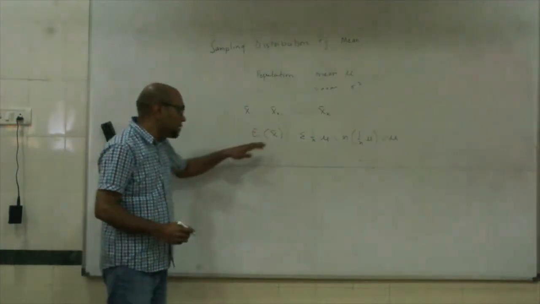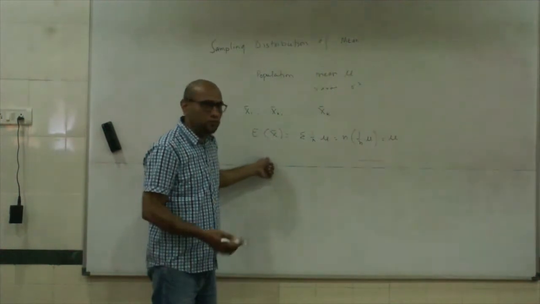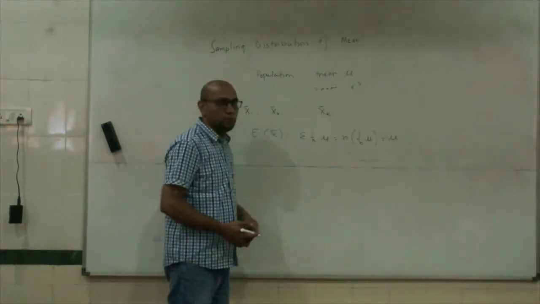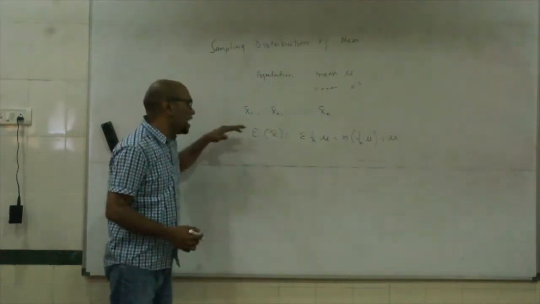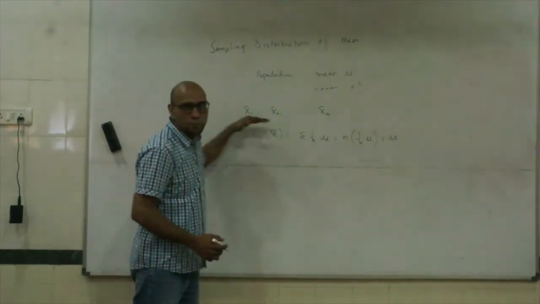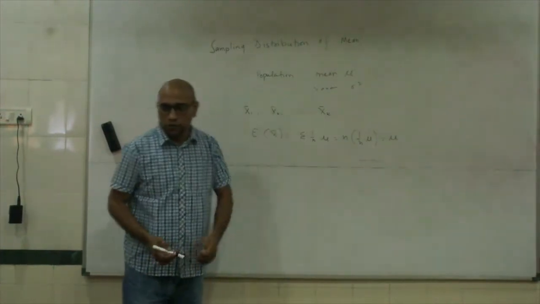The sample statistic x bar is an unbiased estimator of its population parameter mu. That is, the average of all sample means would be the mean of the population.